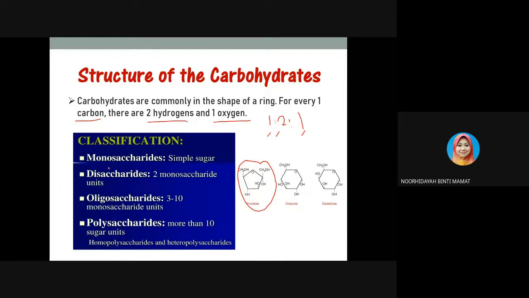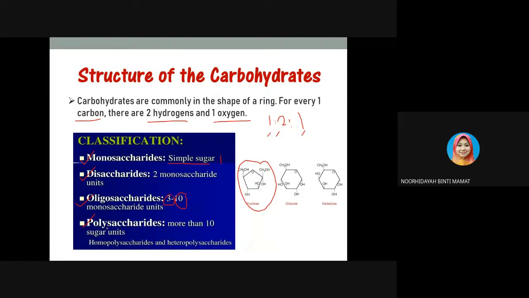Okay, for the classification of carbohydrates, first we have the monosaccharides, we also have the disaccharides, the oligosaccharides, and the polysaccharides. A monosaccharide is a simple sugar. It has only one ring, while a disaccharide is made of two monosaccharides joined together. We also have the oligosaccharides, which are 3 to 10 monosaccharide units joined, but these are not discussed often.